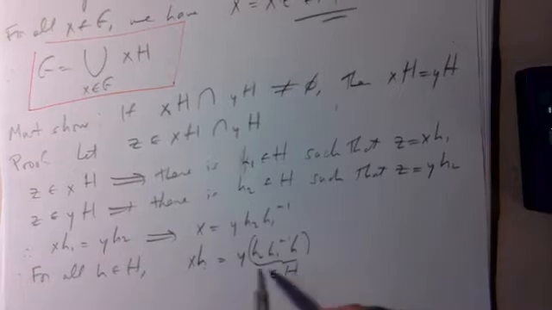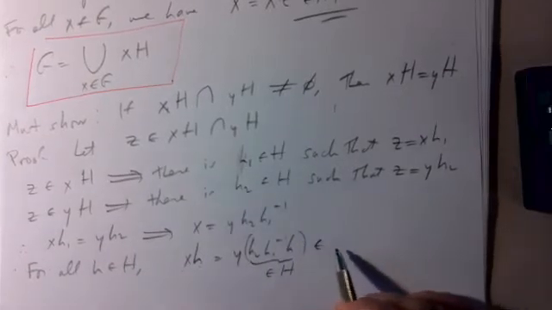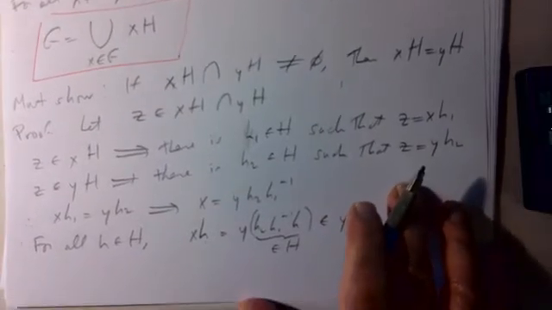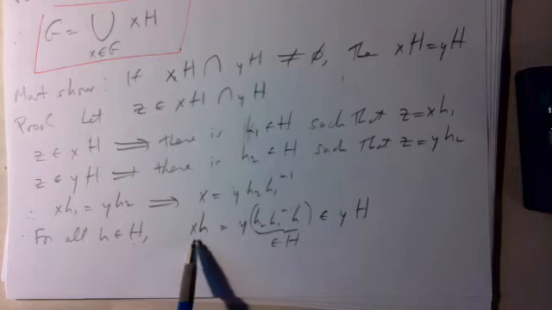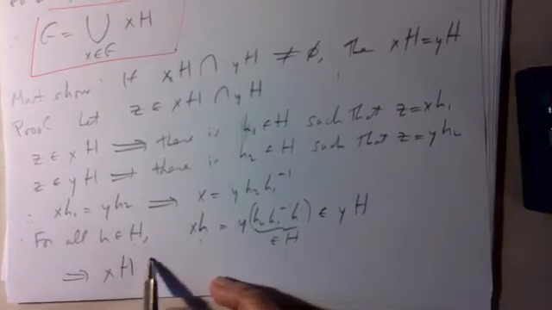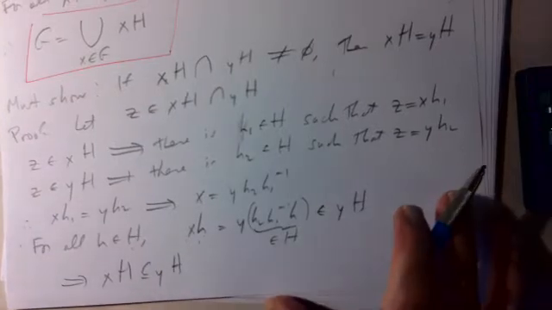This is something in H, because H is closed under multiplication and taking inverses. So this is in the left coset YH, for all H in the subgroup H, which means the left coset XH is contained in the left coset YH.